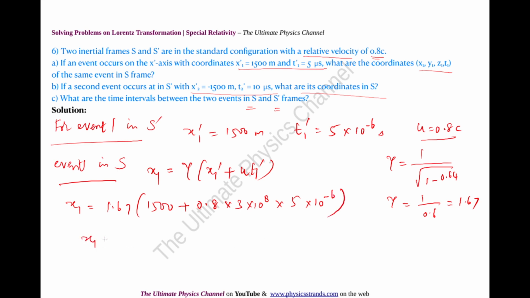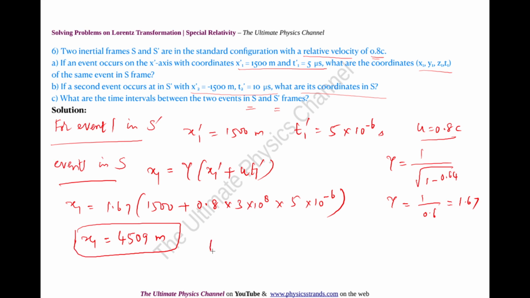So my x1 I get as roughly 4500 meters. Exactly, if you want to calculate, you can have it as 4509 meters. Approximately it is 4500 meters.